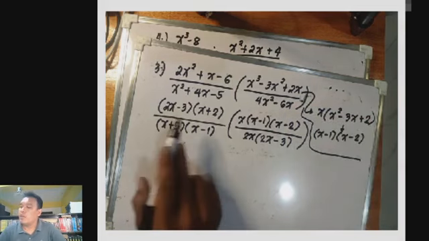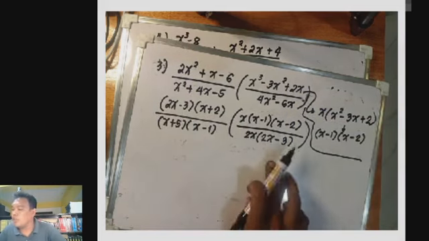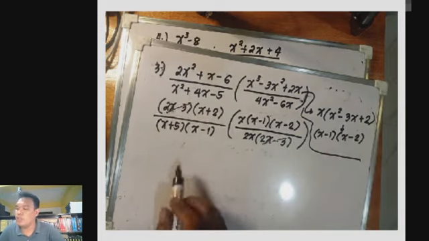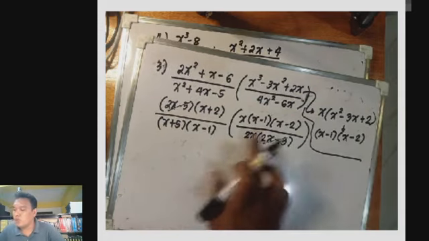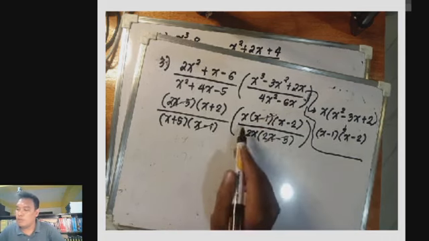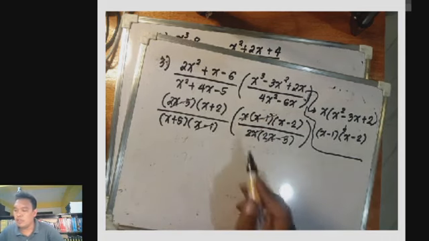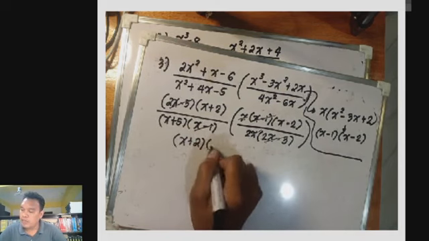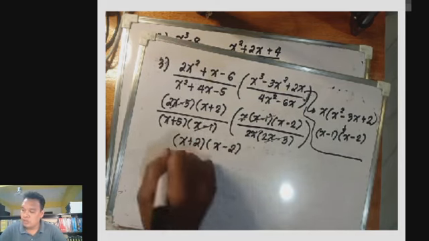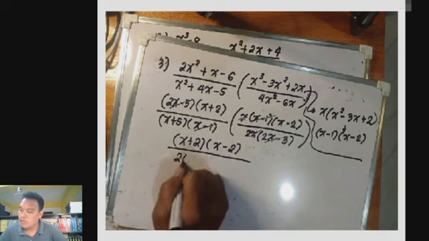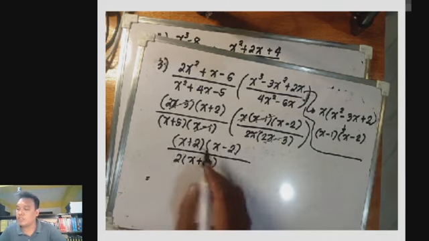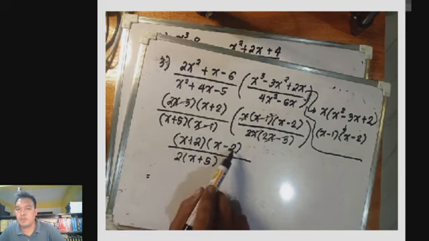So lalabas, we have 2x minus 3 which is common dito sa denominator natin dito. So we can cancel this one. Tapos yung x minus 1, then we have yung x and yung x dito. Okay? So lalabas, we have x plus 2 multiplied by x minus 2 all over 2 times x plus 5. Okay? Therefore, the answer, ito ay special product polynomials.